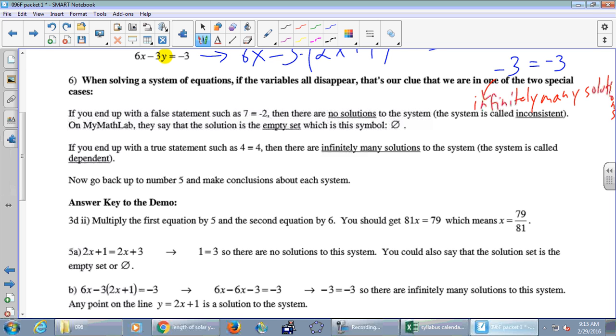If you get something ridiculous like 7 equals negative 2, that means no solutions. We used the word inconsistent last class. Empty set is that symbol. If you get something true like 4 equals 4, then there are infinitely many solutions, and we used the word dependent last time.